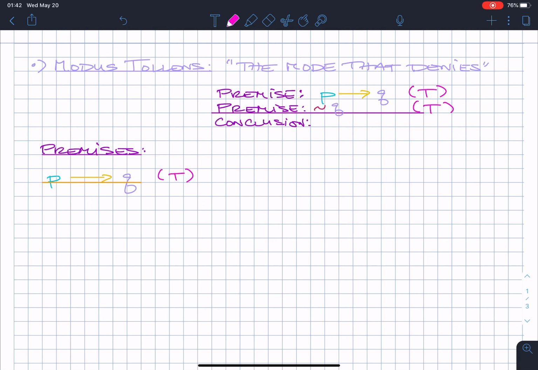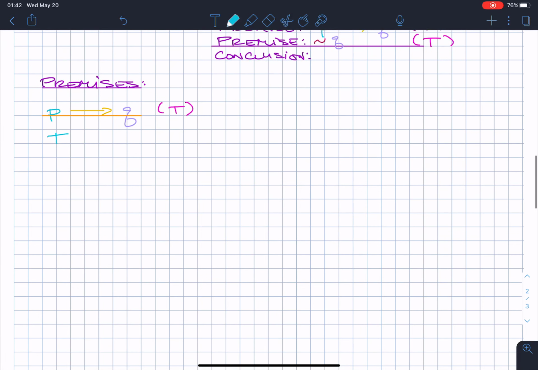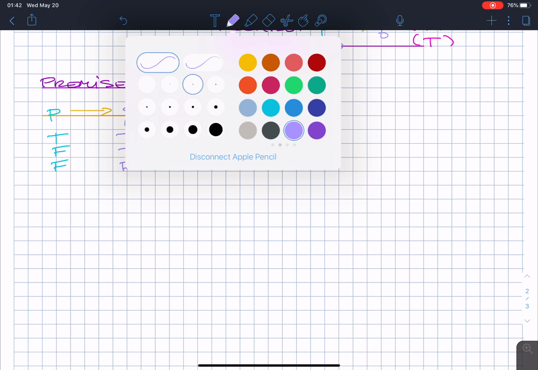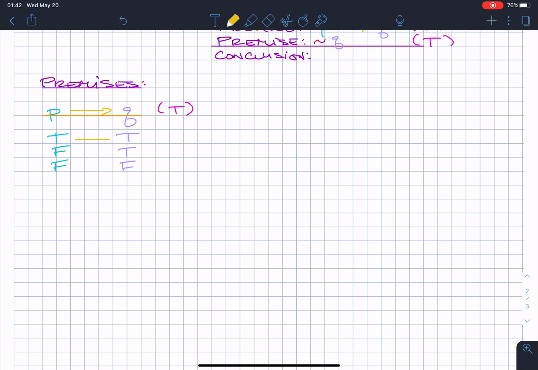So the only ways for that to be true: true true, false true, false false. True can imply true, but it cannot imply false. False can imply anything. Okay, so these are the three possibilities for the implication to be true.